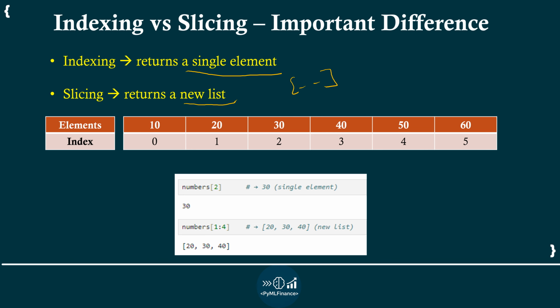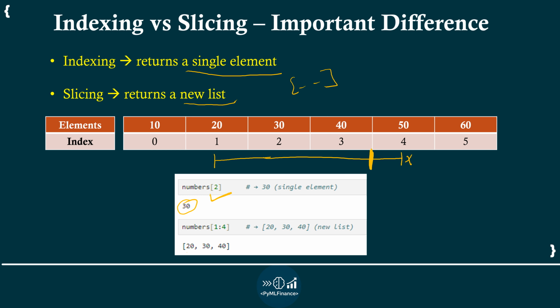So for example, let's say you have a list 10, 20, 30, 40, 50, 60. Using indexing, if you want the third item of the list, at index 2 you get 30. But if you want to get continuous items starting from the first index position until the fourth, the fourth is always excluded, so it will fetch only till index position 3.